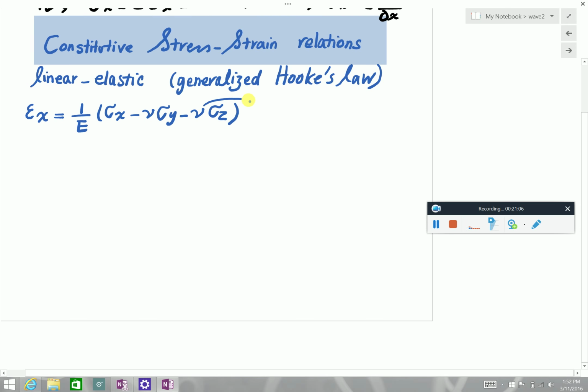And of course this is Poisson's ratio. And the same we can write for epsilon y and epsilon z. I write it very quickly.